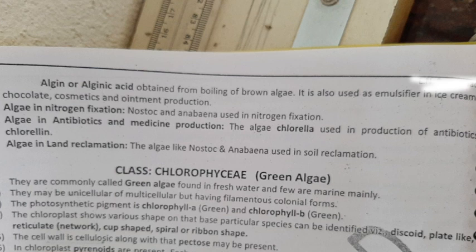We completed the study of algae and the different classes of algae. In the next class we will discuss the bryophytes. Remember one thing, students, algae are more primitive than bryophytes. The characters we studied in algae are going to be modified in the case of bryophytes.